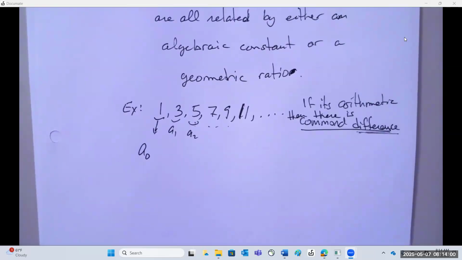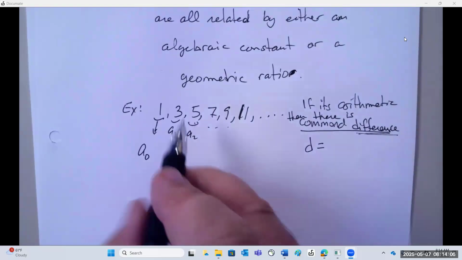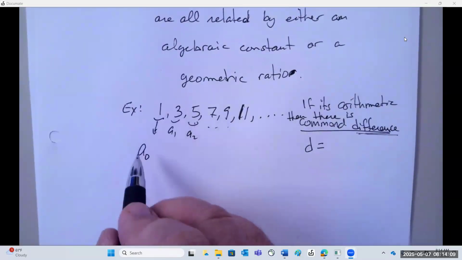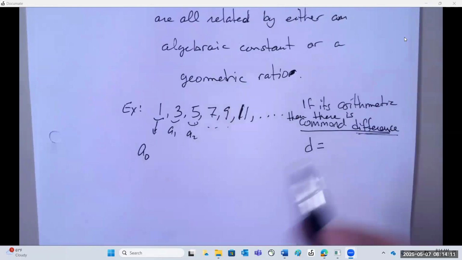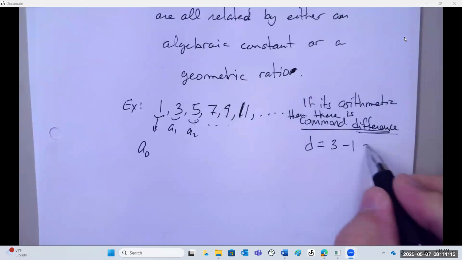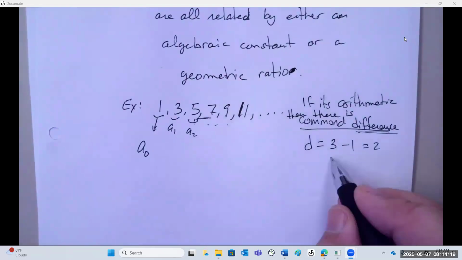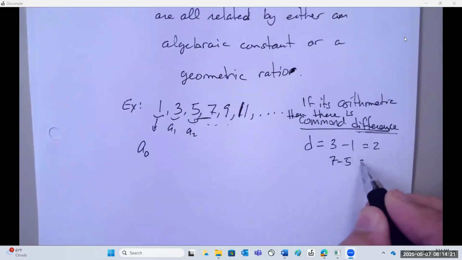How do we find difference? Right. So the difference, let's call it D. The difference between 1 and 3 is what? We go 3 minus 1. It equals 2. Between 5 and 7, it's 7 minus 5, which is 2.